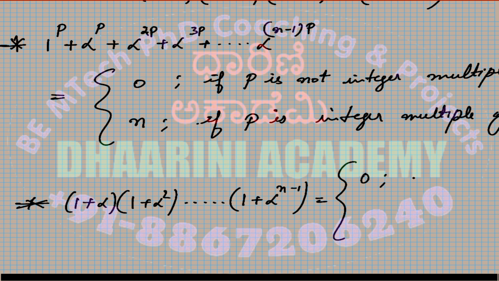This is 0 if n is even. N is an even number means it's 0, we can write that directly. At the same time, if n is odd, this result is 1. This is 1 if n is odd.